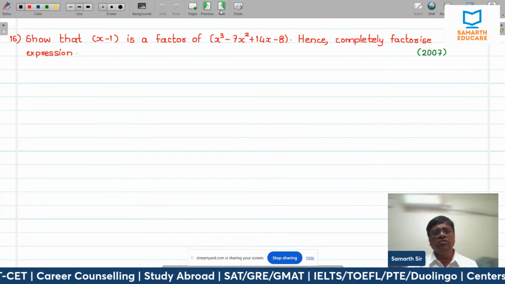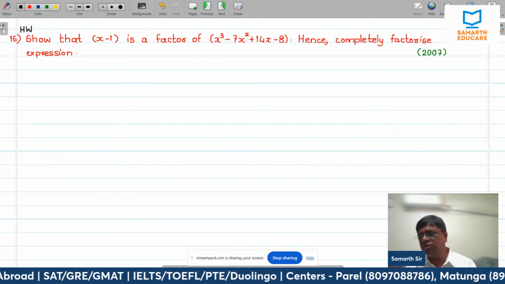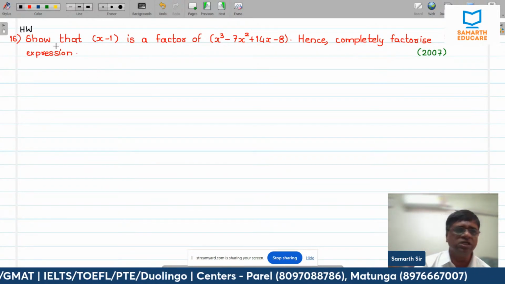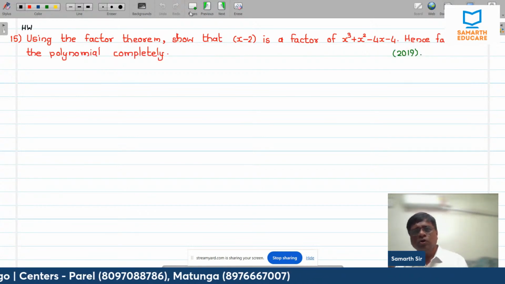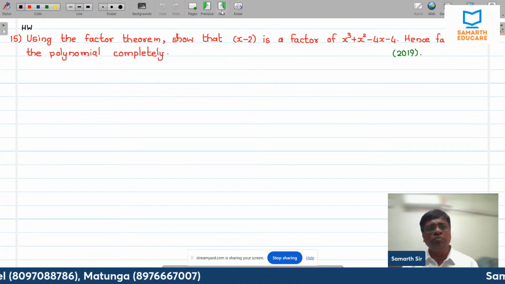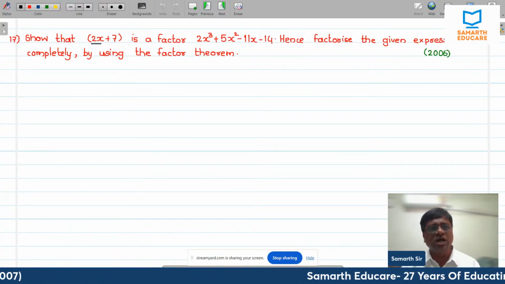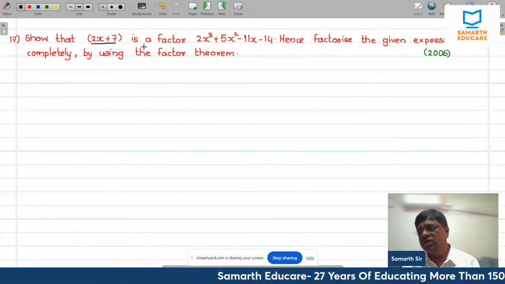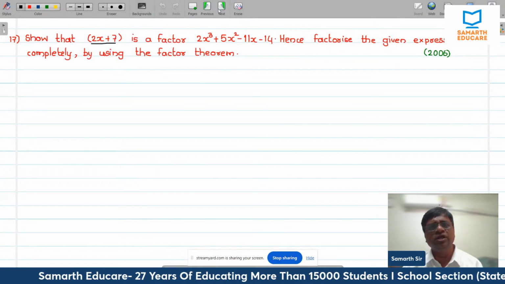Don't worry, I am teaching factorization more, because there are a lot of problems. I have written this problem purposely so that you don't need to search here and there; copy the problems from here. Pause and copy, you will get all the past year questions here. Now this is something different, so I'm solving this. Here, all are the same type of questions.